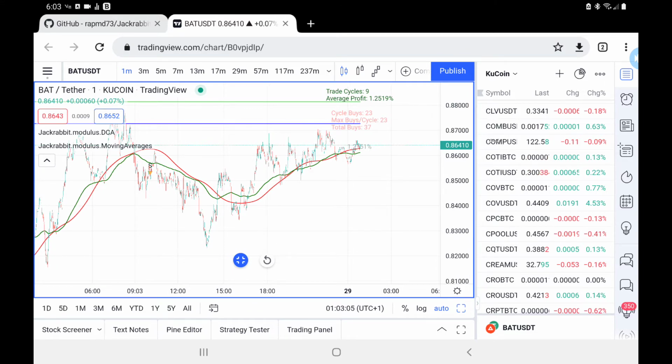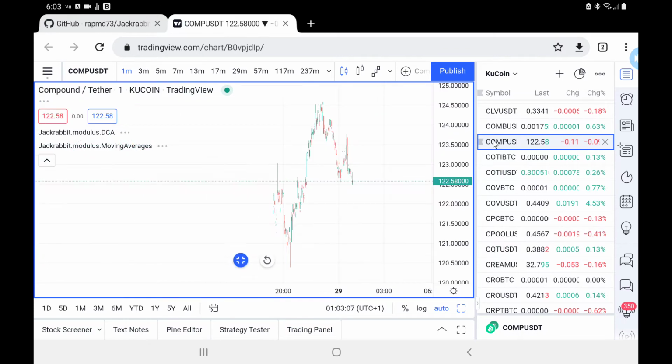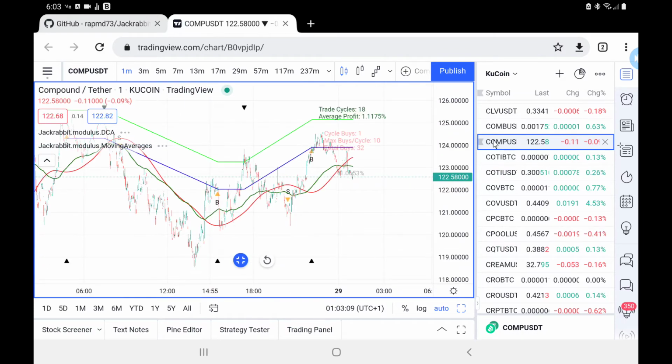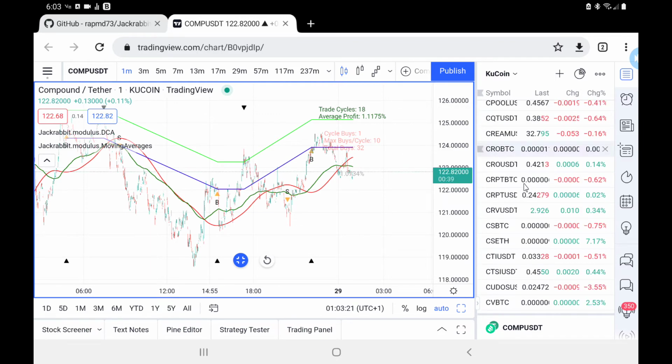Okay, Comp is a popular coin. It does pretty good for its trade cycles too, and very limited risk. Okay, what else can we find?